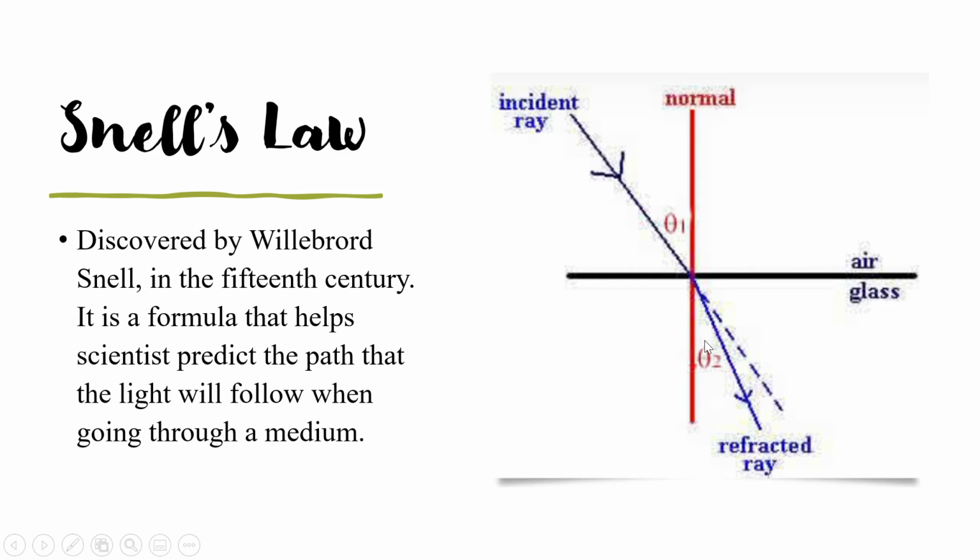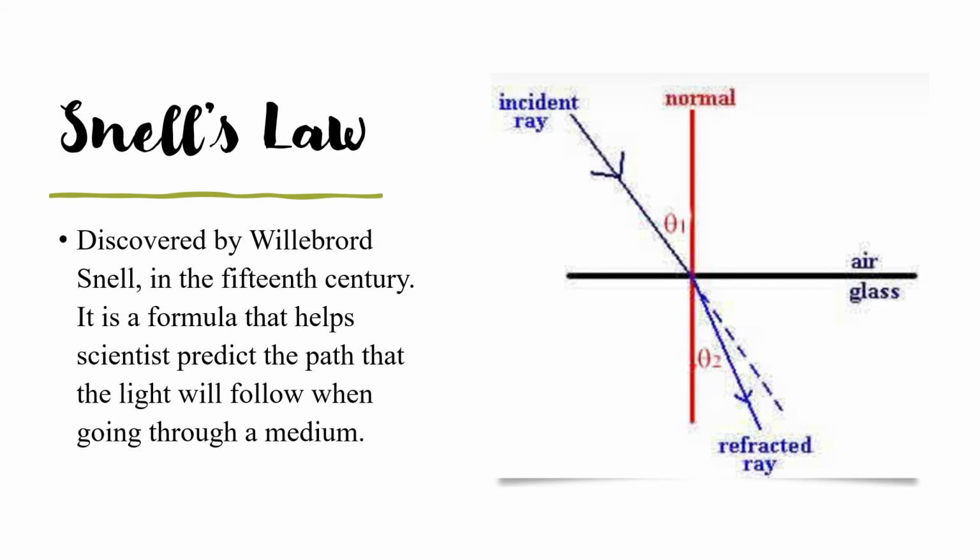This is what explains why we were seeing a distorted image in our experiment. This part at the top will be the image that we perceive of the half of the pencil that is out of the glass and out of the water. And the image that we perceive below the glass and the water will be distorted, like bigger, or one that doesn't really seem to match with the other half of the pencil at the top.